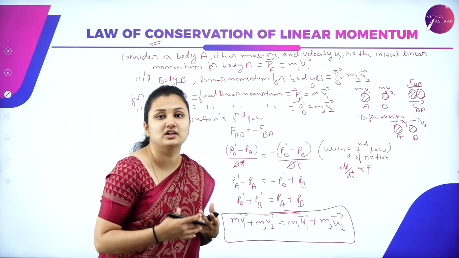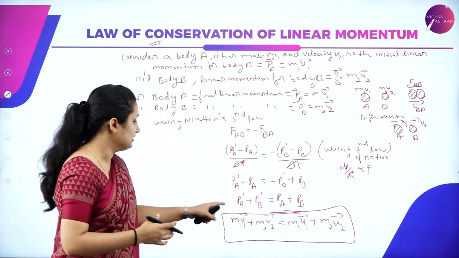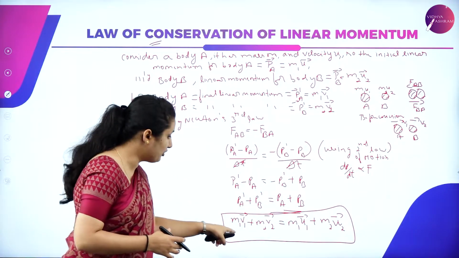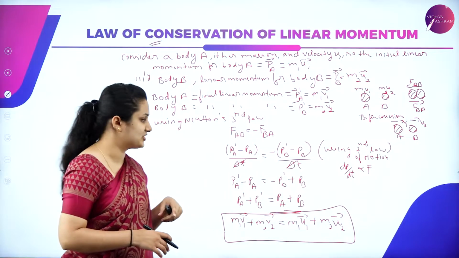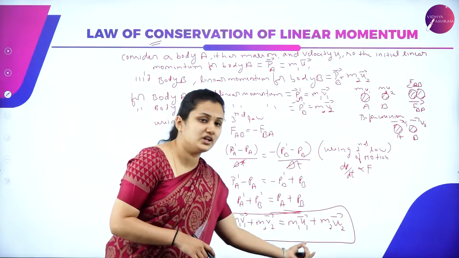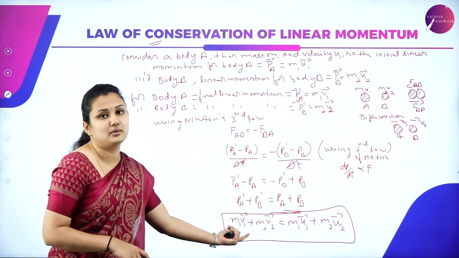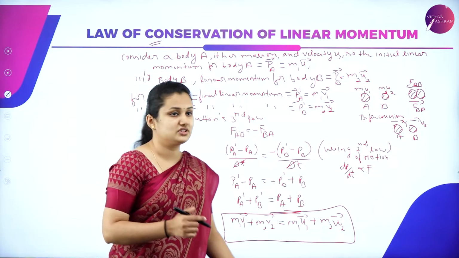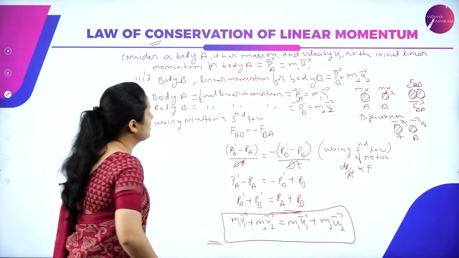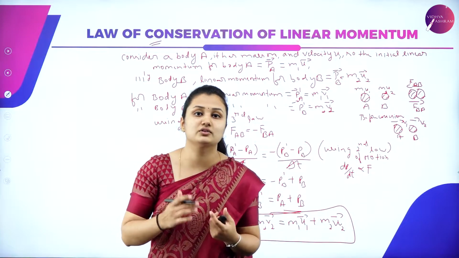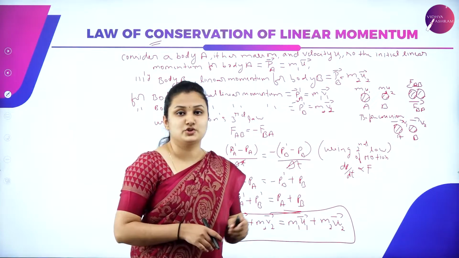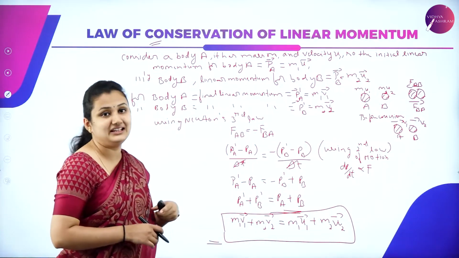That is, total momentum before collision is equal to total momentum after collision. So, this is how we proved the law of conservation of linear momentum using Newton's third law and Newton's second law.